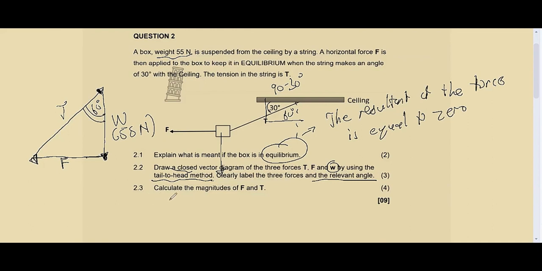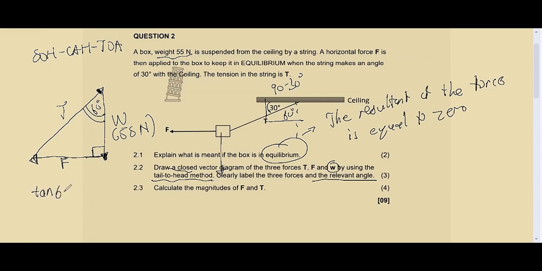Now, 2.3 says calculate the magnitude of F and T. We have seen that our weight here is 55 newtons, and now we are looking for the magnitude of tension and the magnitude of the force. How can we calculate that? If this is a right angle triangle, then we can use SOHCAHTOA in order to find the other two missing sides. To calculate the magnitude of force, we can simply use the trig ratio tan.